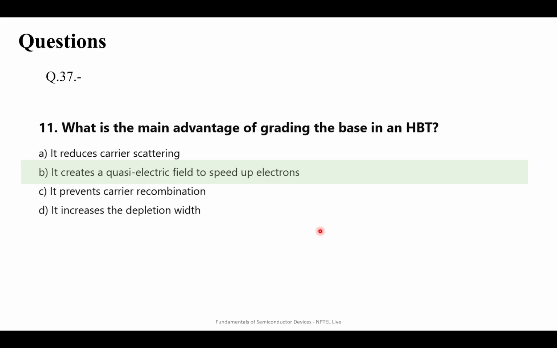So while going from emitter to the collector, the electrons will speed up, and due to this speed up, the time constant will reduce, and if the time constant reduces, this will increase the cutoff frequency.